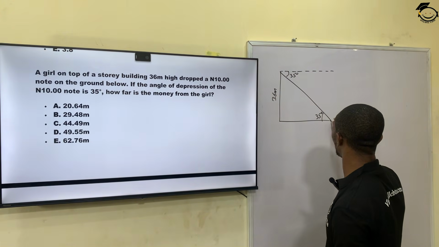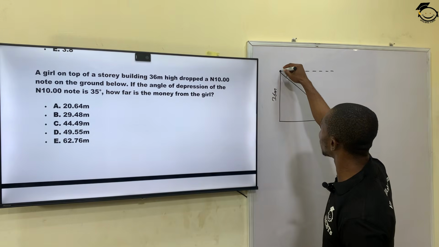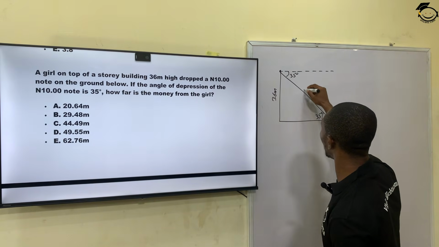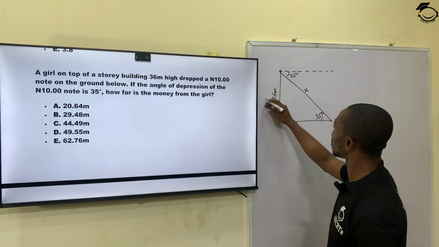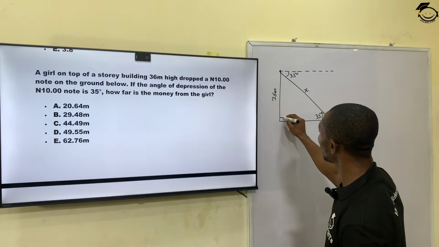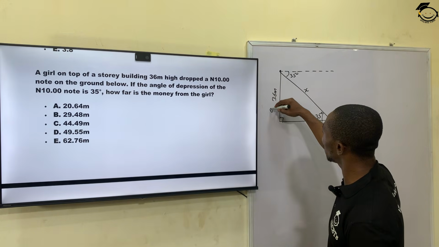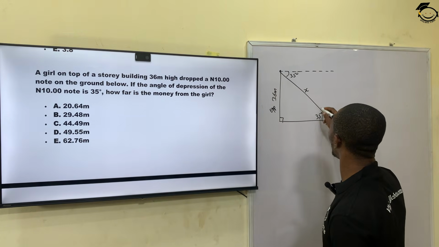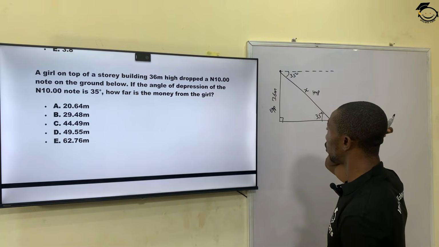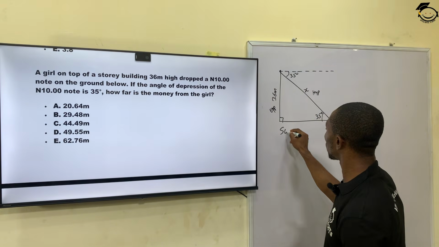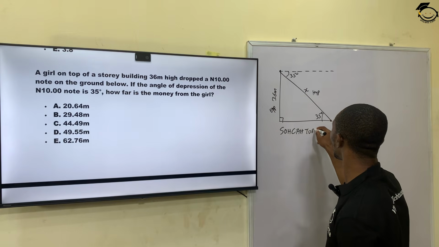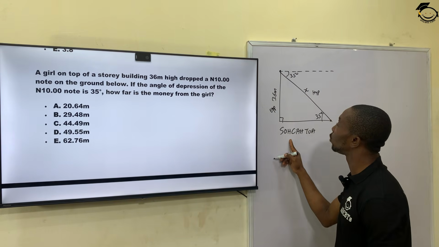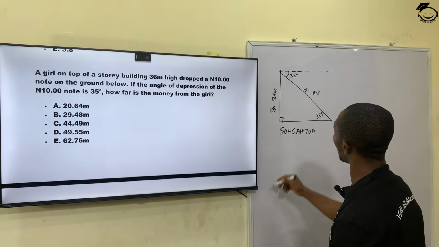So now we are asked to find how far the money is from the girl. So our money is here and the girl is up here. So we are looking for our x. Now, bearing in mind that this is our opposite, our opposite is 36, and we have our hypotenuse, which we are looking for. So using our SOHCAHTOA rule, we are going to use sine, which deals with opposite and hypotenuse.